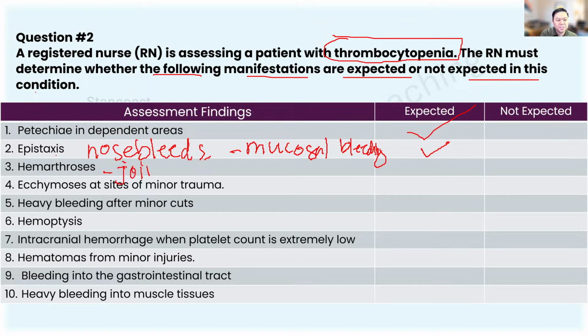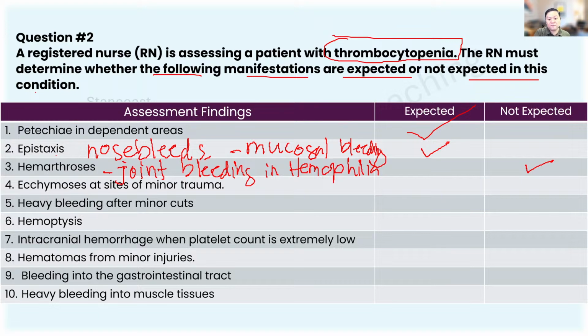Joint bleeding is common in hemophilia, and this is not an expected finding in thrombocytopenia, so we're going to mark that as not expected. Hemophilia disorders have a different problem. It's in the coagulation, not about the platelets. So this is going to be not expected.